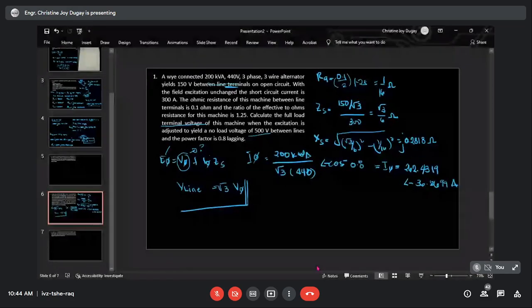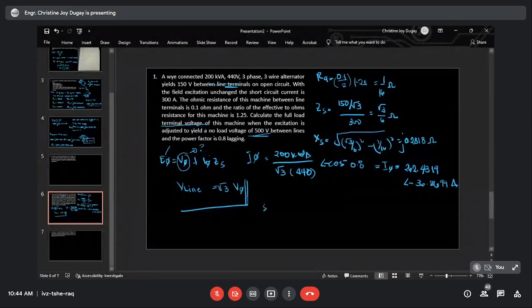So how do we get E-phase? That is 500 over square root of 3 at an angle of unknown, let's say alpha. We don't know it, right?